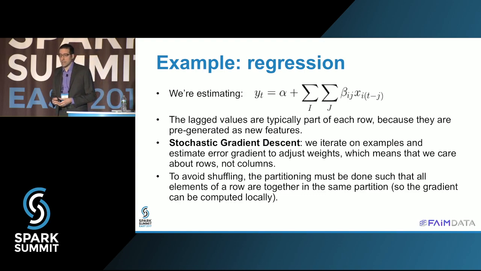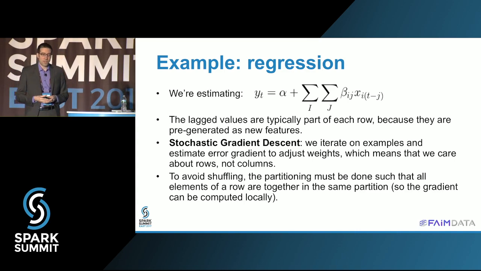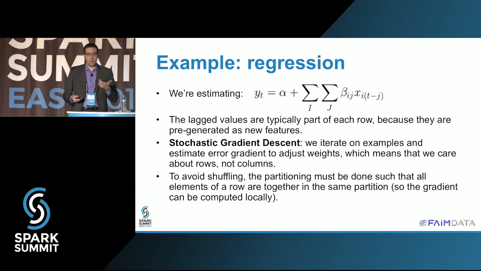And what stochastic gradient descent does is it iterates on single examples to estimate the error gradient based on the current model, and then it adjusts the weights of the model based on that error gradient, and it keeps doing that until convergence. So what that means is that the fundamental unit of operation in this case is a row in our data rather than a column.